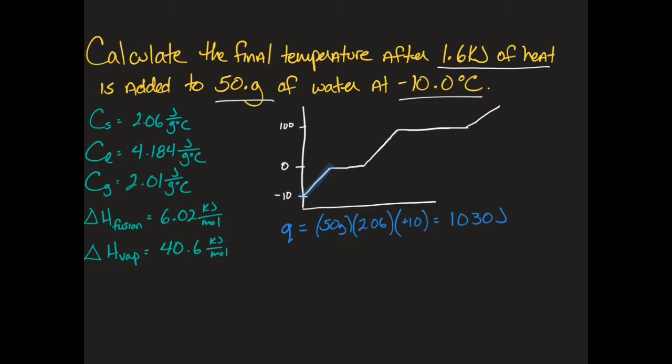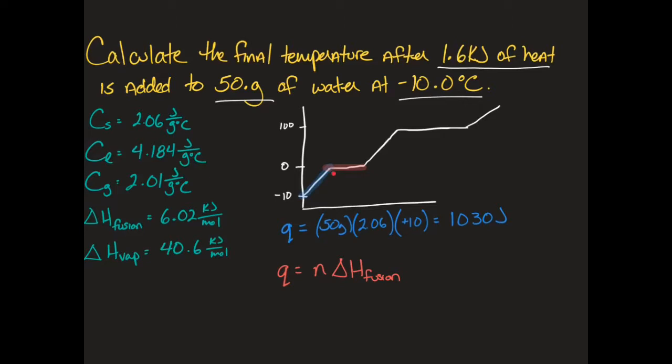Okay, so let's do another sort of theoretical calculation. We'll do this one in red. So we're going to go to the next segment. So let's calculate the heat for that red segment, right? And remember that heat there is going to be the number of moles of water times the enthalpy of fusion.